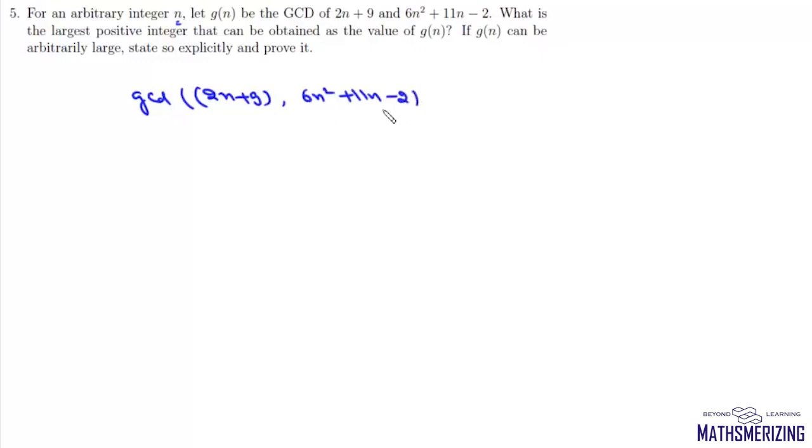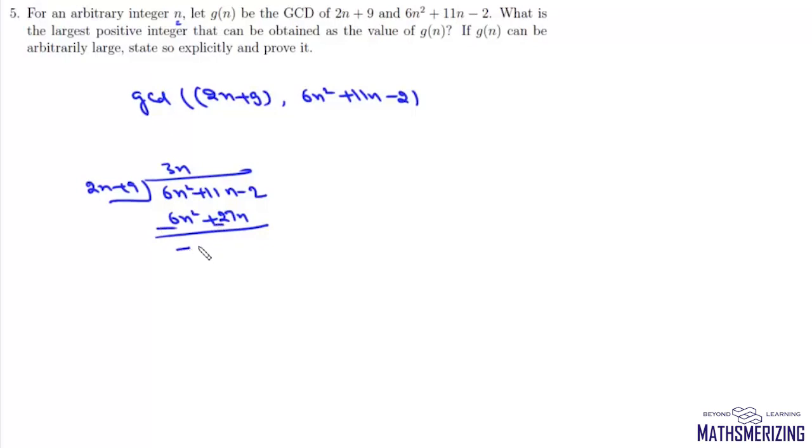Now if we divide 6n square plus 11n minus 2 by 2n plus 9, the quotient is 3n, giving 6n square plus 27n, and then minus 16n minus 2. So it will be minus 8, giving minus 16n minus 72.